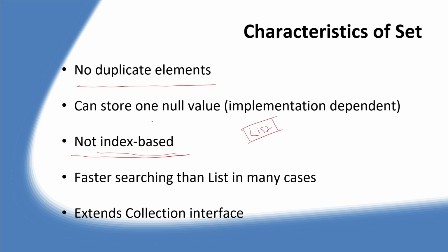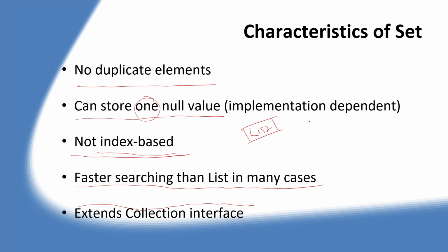It can store one null value, only one null value as part of the set. And it is faster in searching than list in many cases.